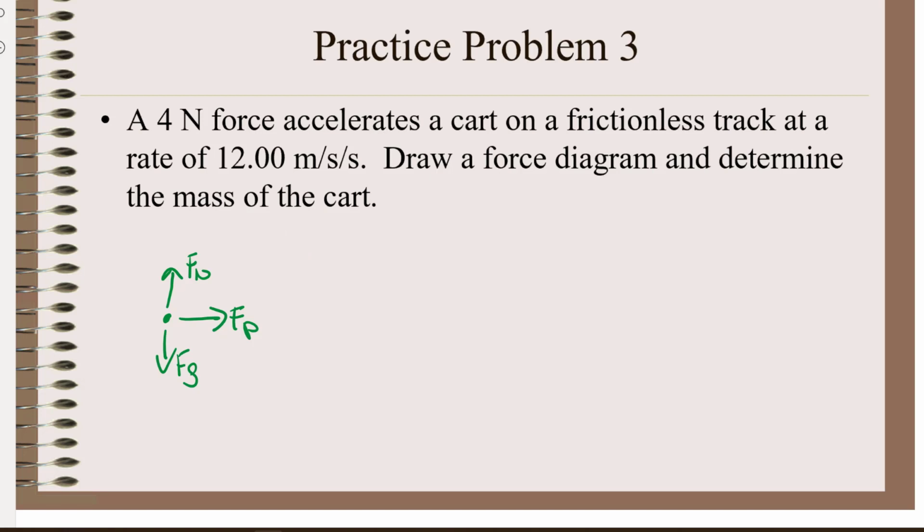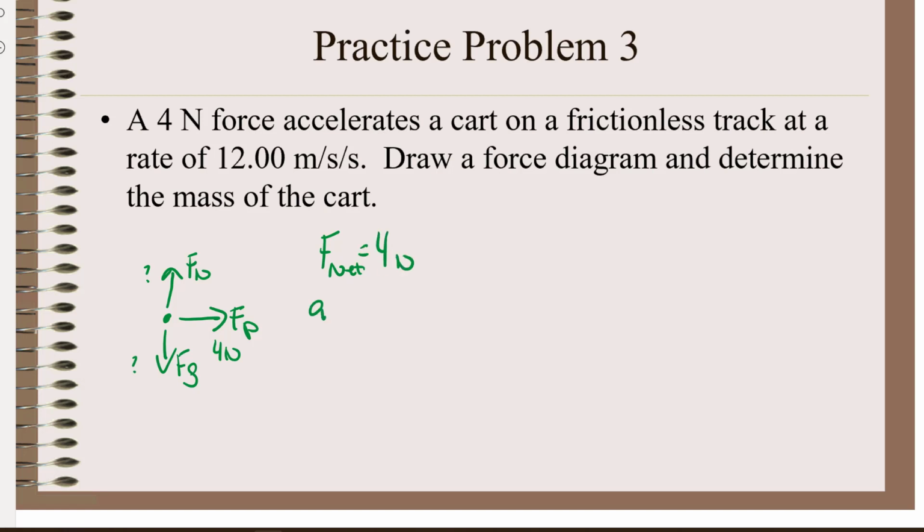We know a couple of things. We know that the force accelerating it is a 4 newton force here. What we don't know are these forces. We do know, though, the net force. Net force is 4 newtons.